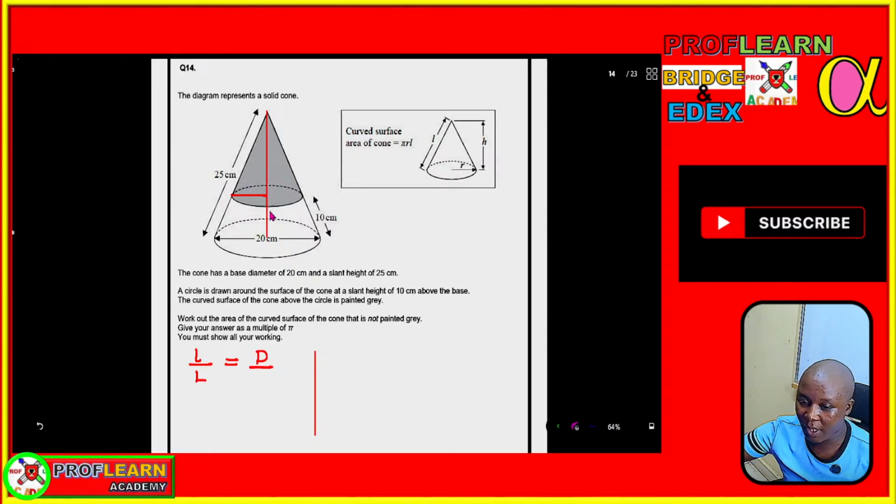So if I'm having that, what's the easiest way to approach it? I'm just checking the comment section. Hamid is saying 70 pi, 150 pi, 160 pi. We're going to see whether that is the case.